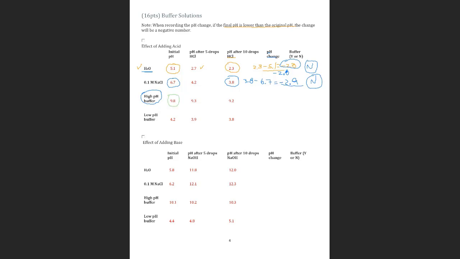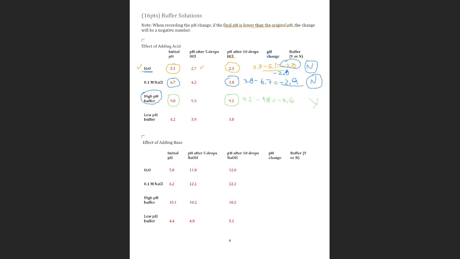I added an acid and it changed to 9.2. So the change in pH is 9.2 minus 9.8. You said minus 0.6. That's less than 1 point. Is this a buffer? I added an acid and the pH was nearly constant. Are we in the presence of a buffer?